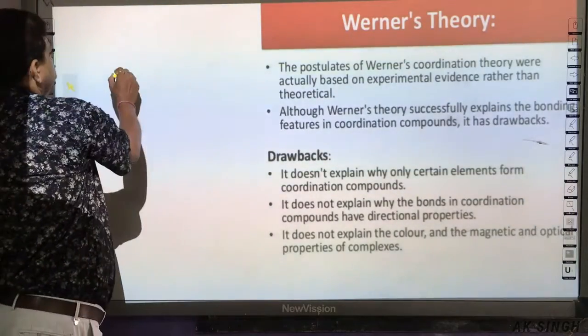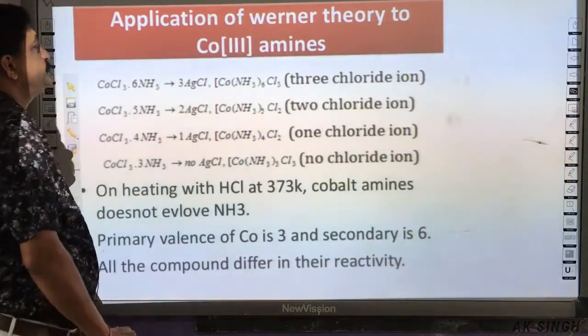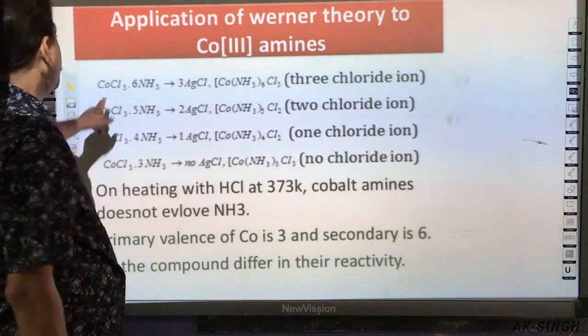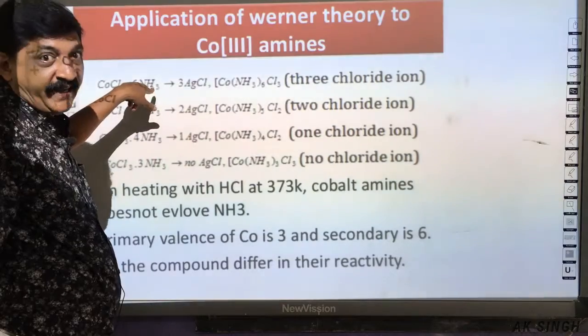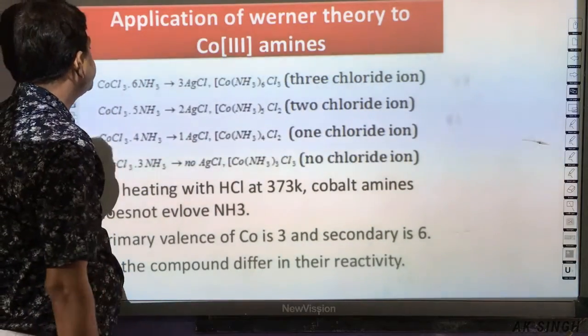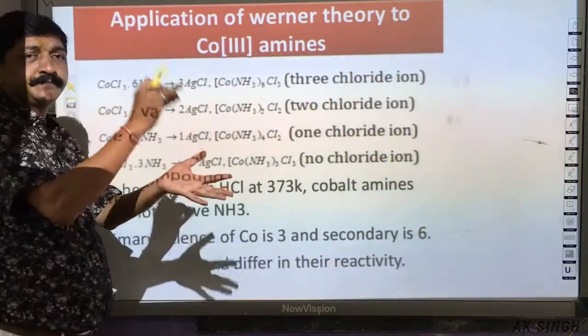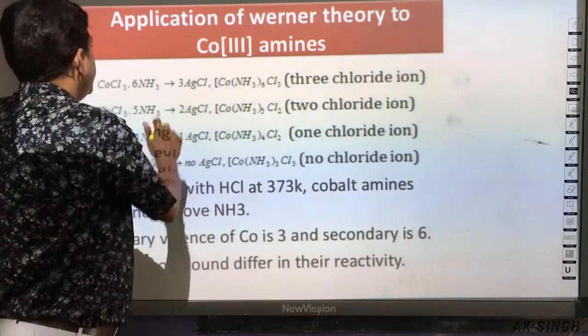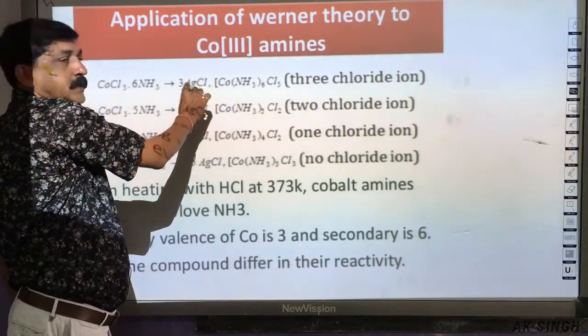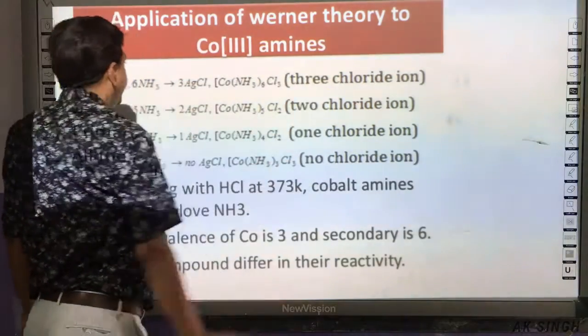Let us move to another slide. This is the application of Werner's theory. Cobalt chloride 6NH3, as shown earlier, is treated with silver nitrate. In this example, we get a precipitate of 3 moles of silver chloride, 3 chloride ions.